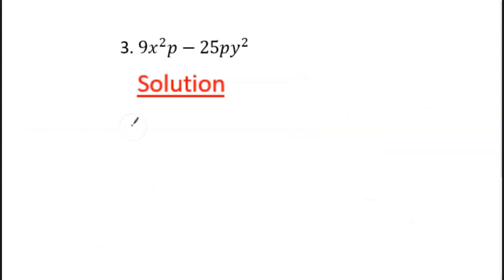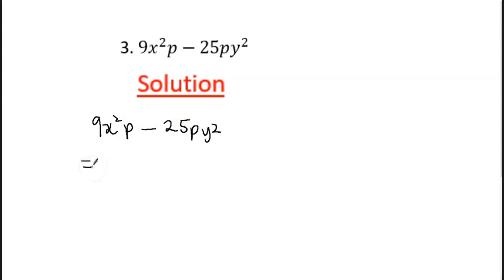9x squared p minus 25p y squared. I want you to pause the video and try it. Okay. So let's look at how we factorize this. 9x squared p minus 25py squared.